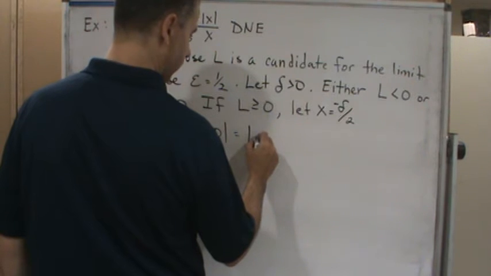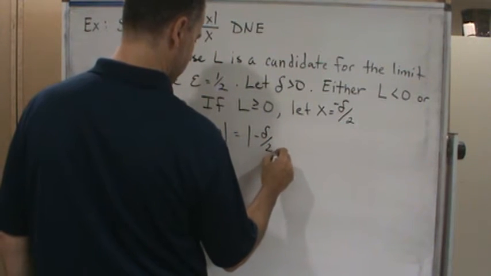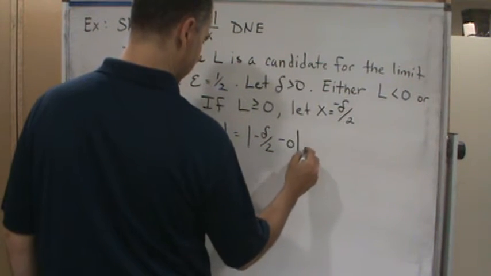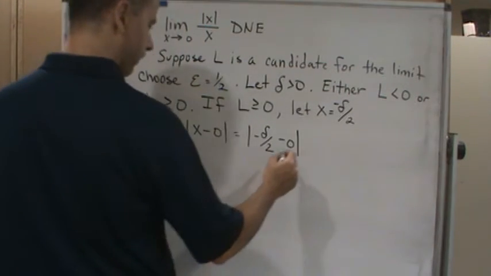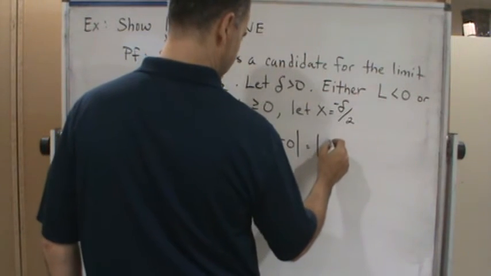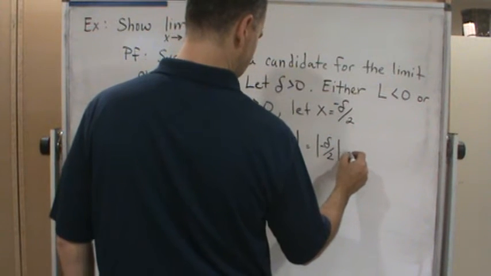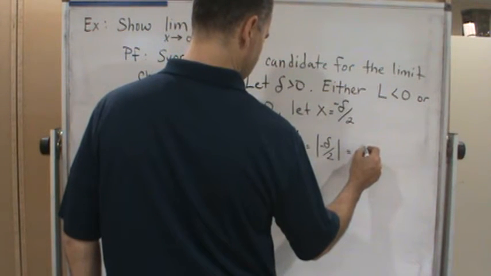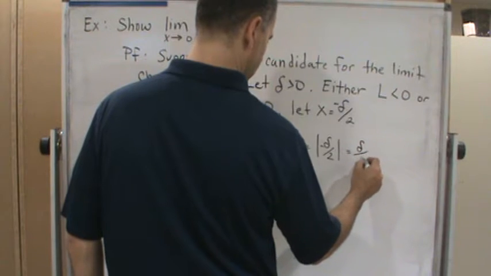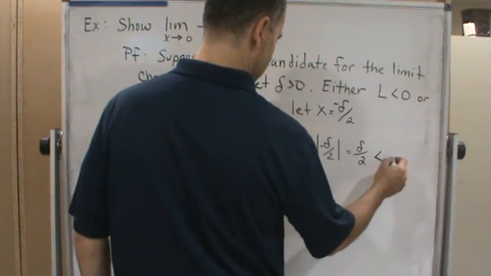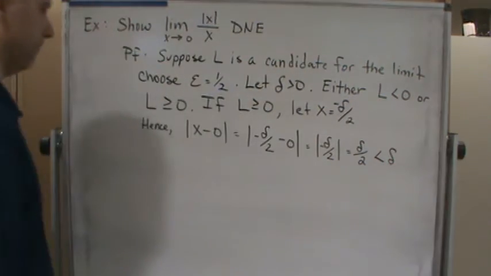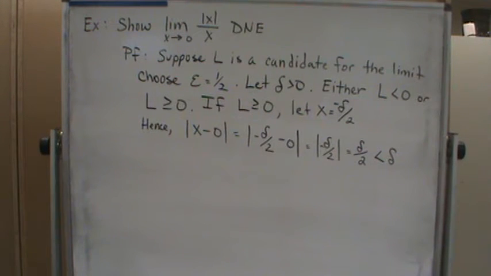Equals the absolute value of negative delta over 2 minus 0, which equals the absolute value of negative delta over 2, which equals delta over 2, which is less than delta.